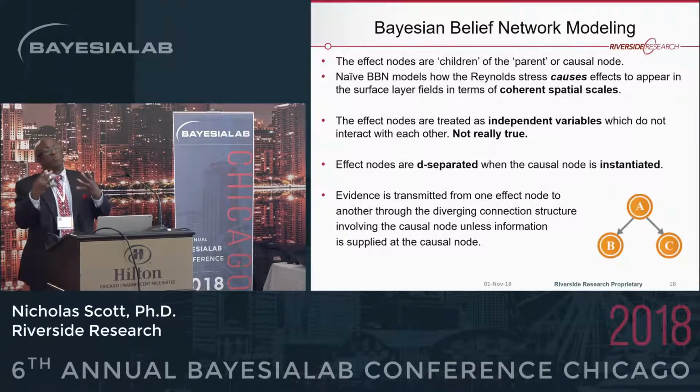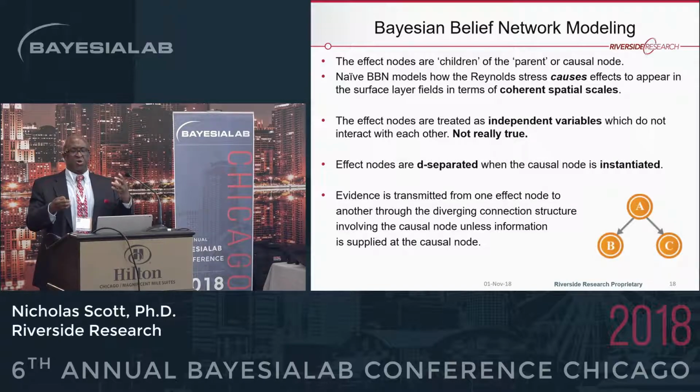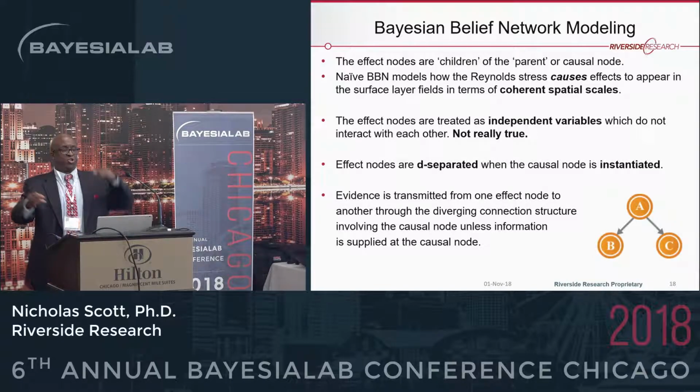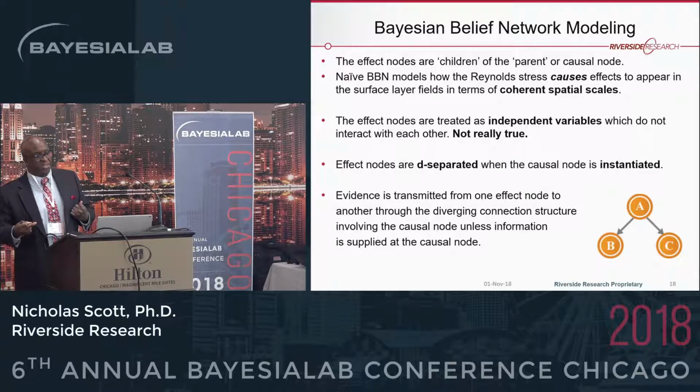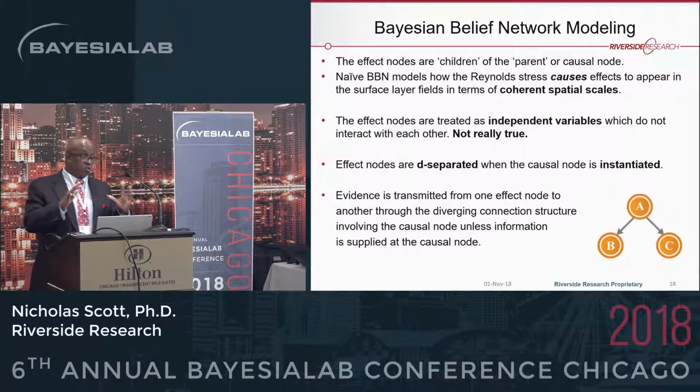We use these Bayesian belief models only so that we can help ourselves understand what's going on. But I want to make it clear that turbulence does not behave like cause and effect. Everything happens at the same time. There is no why did this happen, because you'll keep chasing your tail like the serpent chasing its tail. But these models could be useful for helping us understand dynamically what's going on.